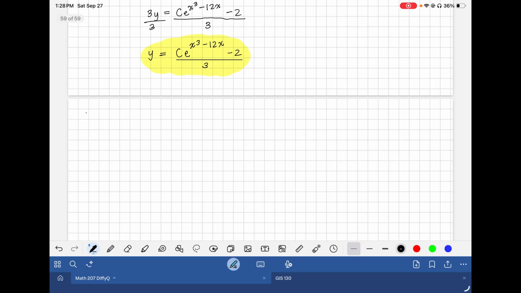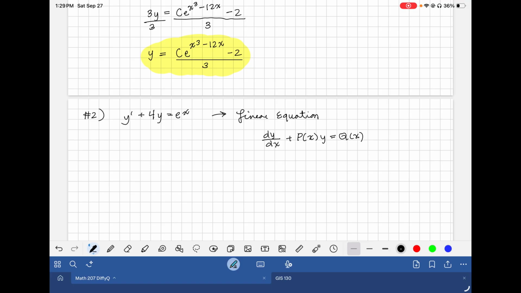Okay, moving on to number 2 now. We have the problem y prime plus 4y equals e to the x. And so based off the format of this, we can say that this is going to be a linear equation, as it has the format dy/dx plus p(x)y equals q(x).